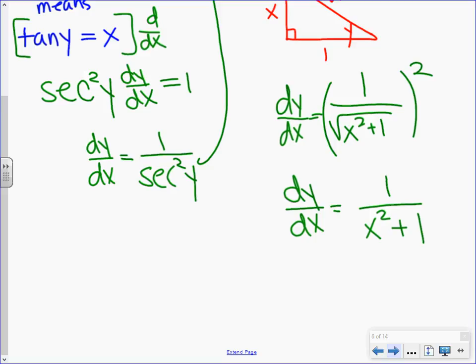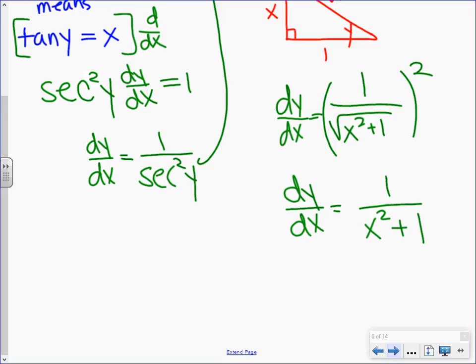Using our knowledge of inverses, implicit differentiation, and our knowledge of triangles, we could do this for every single inverse trig function, but we are not, because this isn't what I want you to focus on. What I want to focus on is how to take these derivatives using the rules.